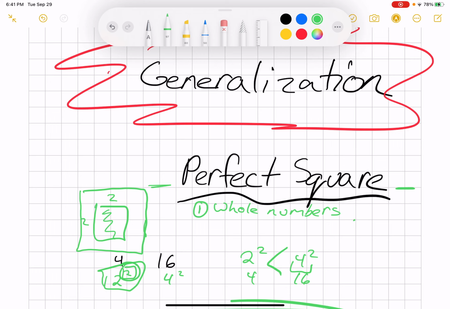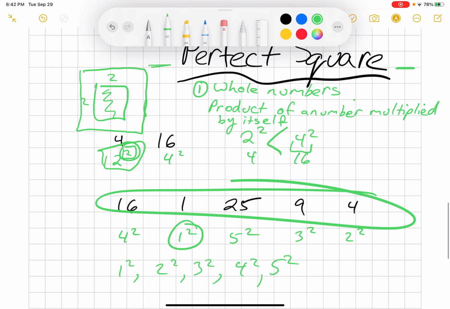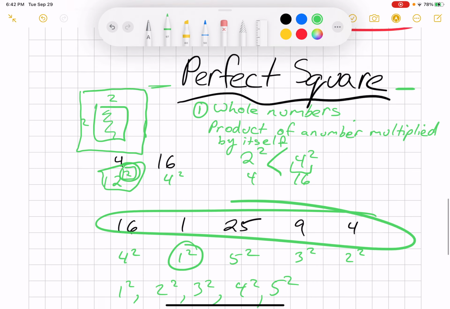And a perfect square is the product of a number multiplied by itself. So it is a whole number where we can multiply it by itself. All right, that's it.